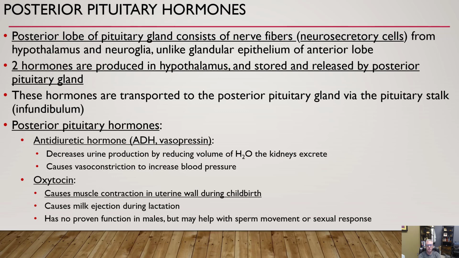If a lactating mom hears a baby's cry, even if it's not her own baby, she'll start to lactate. Oxytocin hasn't really been studied a lot in males, but it can help with sperm movement or sexual response.